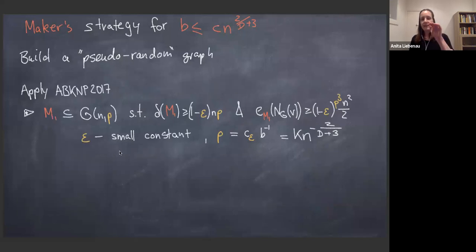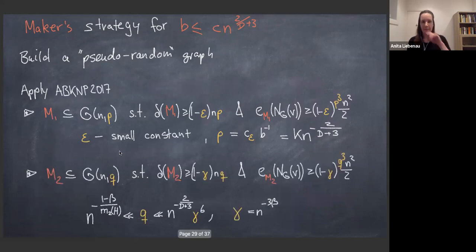Right, but that G(n,p) won't be good enough, or rather the subgraph won't be good enough to get the third property. And for the third property, we really need this stronger version of this theorem. So we apply the same theorem, and here I just replaced the epsilons with gammas and the p's with q's. And you get a second graph, and you just take the union of those two. The second graph is a subgraph of G(n,q).